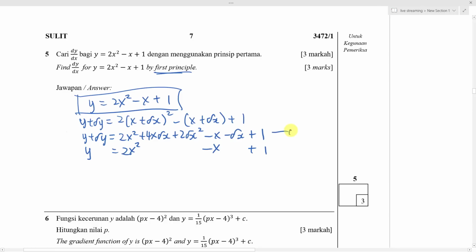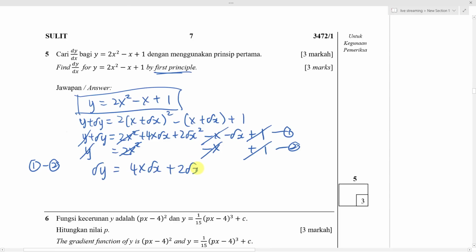Now I have equation 1 and equation 2, and I will do equation 1 minus equation 2. Why? Because my objective is to get change of y over change of x. So y and y I subtract, 2x squared and 2x squared I subtract, minus x and minus x I subtract, 1 and 1 I subtract. So I will get change of y equals 4x change of x plus 2 change of x squared minus change of x. And then I divide the whole thing by change of x because I want to get change of y over change of x, like what I said just now.